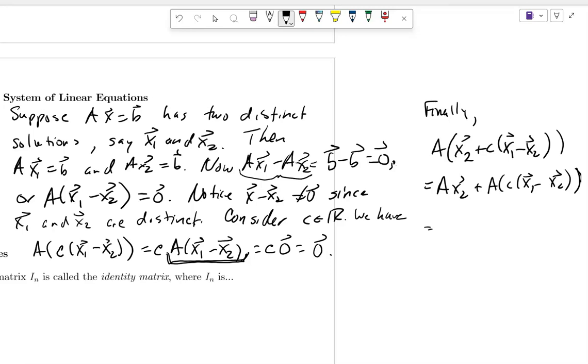We said x2 was a solution to the original system, so what's this part equal to that I just underlined? B, good. What's this part equal to? 0. And B plus 0 will give me B. So what did we just do? You just told me there's infinitely many vectors that look like this, right? So what did we just create? All of these are now a solution to the original system. So how many solutions do we have? Infinitely many, yeah.